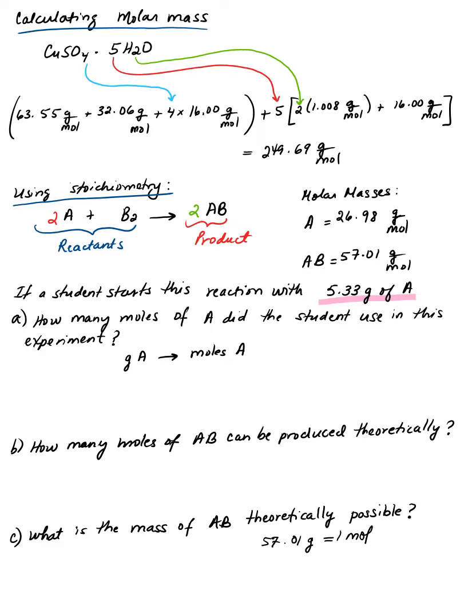So you have on the right side molar masses listed. You have the molar mass for A, that's 26.98 grams per mole, and the molar mass for your product AB, 57.01 grams per mole.